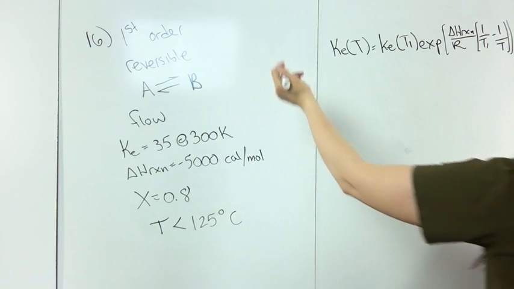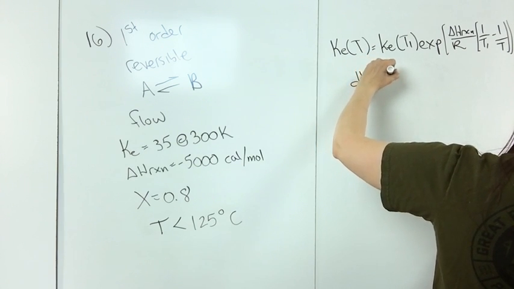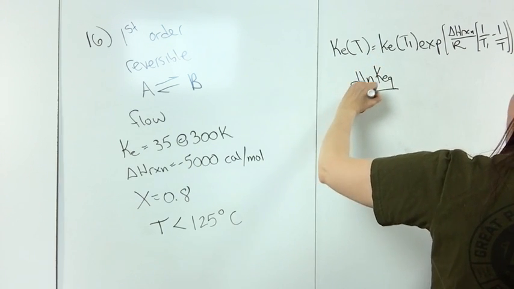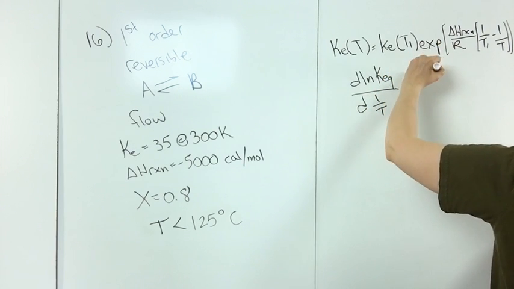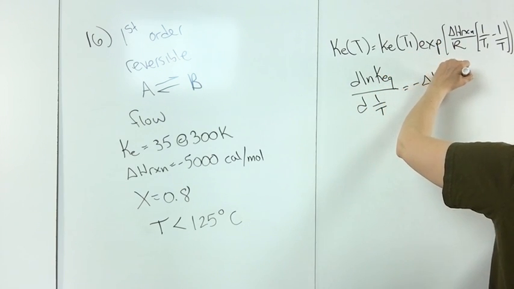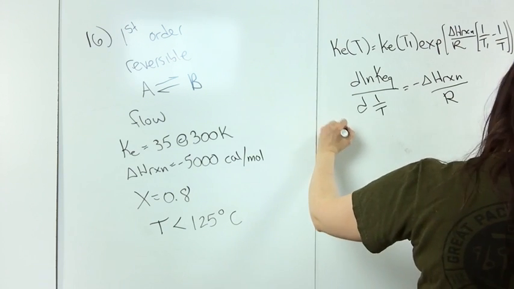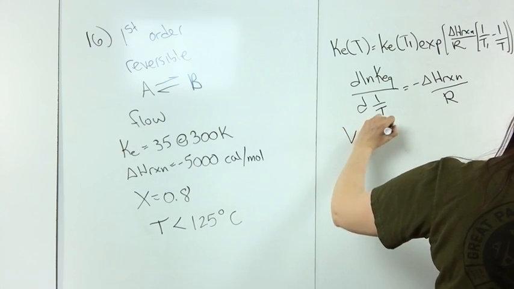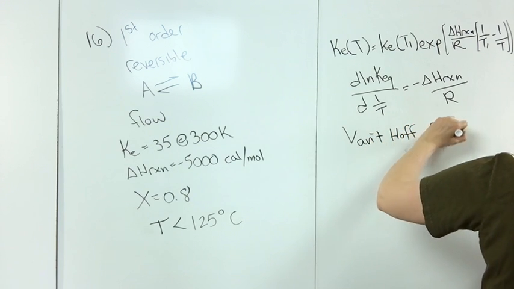This is derived from d ln Ke over d 1 over T is equal to heat of reaction over R. This is the Van't Hoff equation.